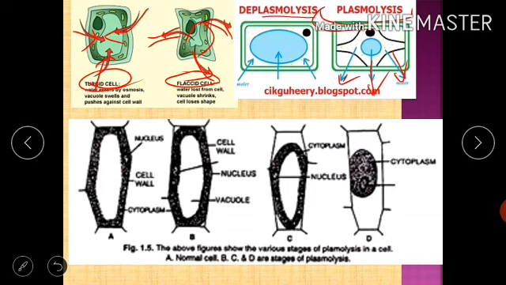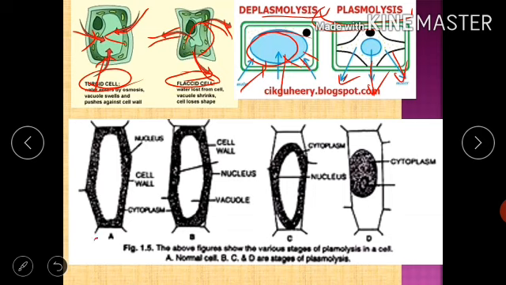Whereas deplasmolysis is just like endosmosis, in which the water enters or goes inside and the cell retains its original shape. These are the four terms related to osmosis.